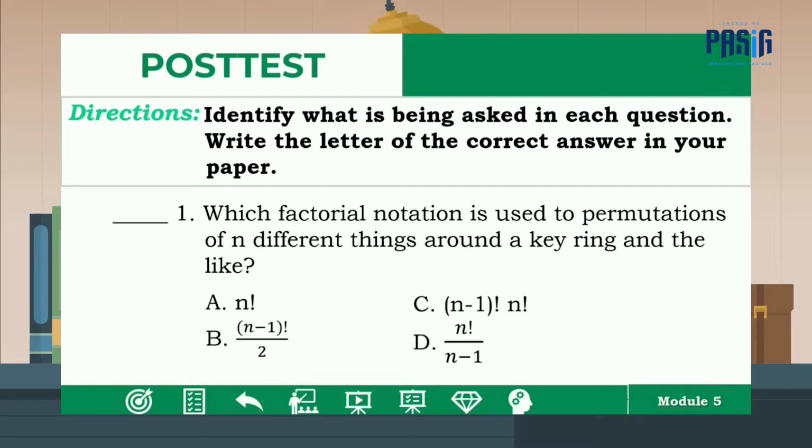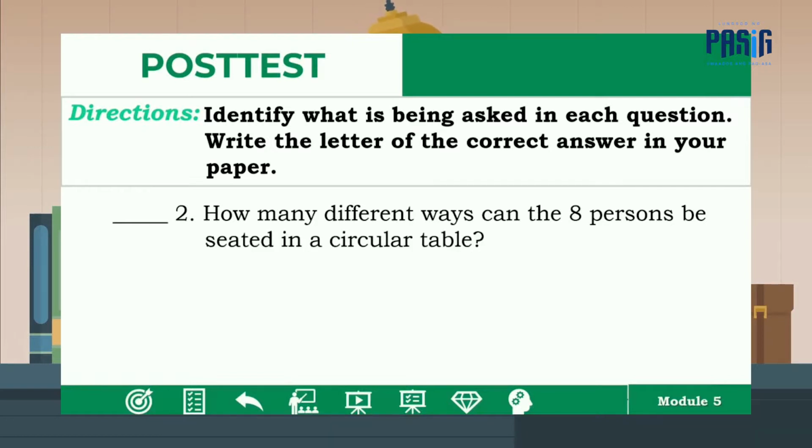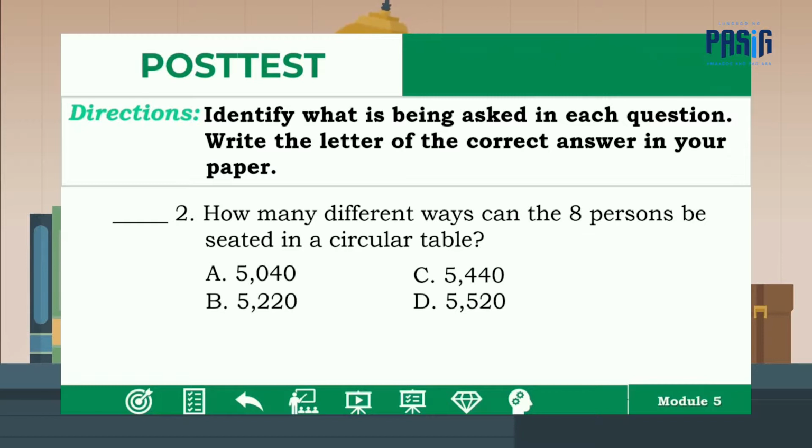A, B, C, or D? The correct answer is letter B. Number 2. How many different ways can 8 persons be seated in a circular table? A, B, C, or D? The correct answer is letter A.